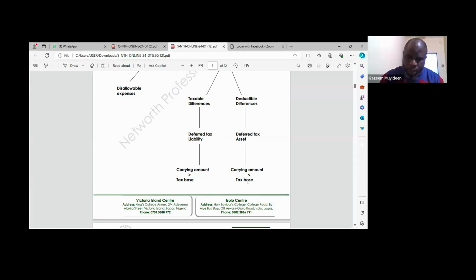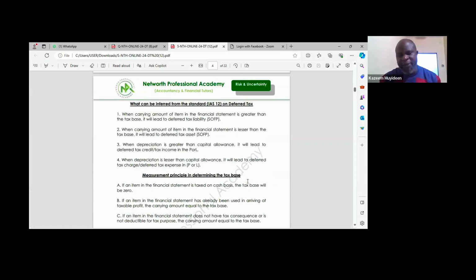Now, I told you what can be inferred from the standard. When the carrying amount of an item in the financial statement is greater than the tax base, it will lead to deferred tax liability in the statement of financial position. When the carrying amount is less than the tax base, it will lead to deferred tax assets.